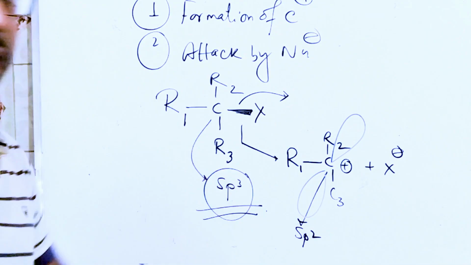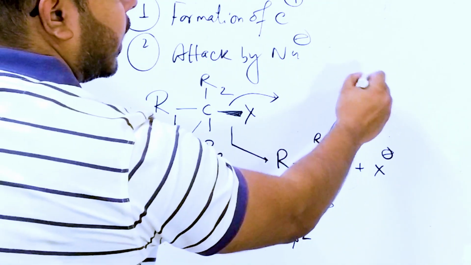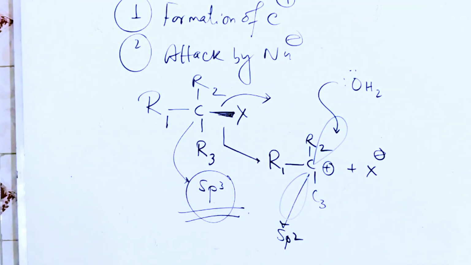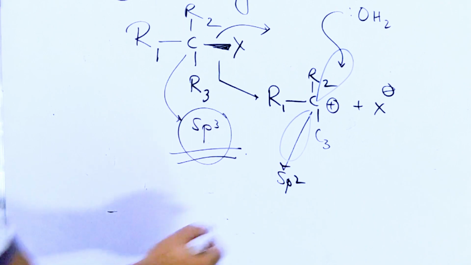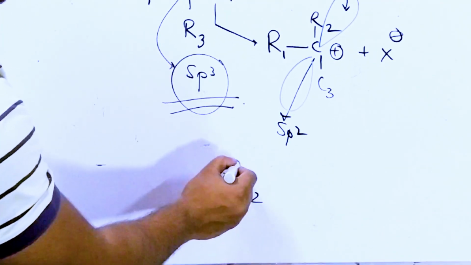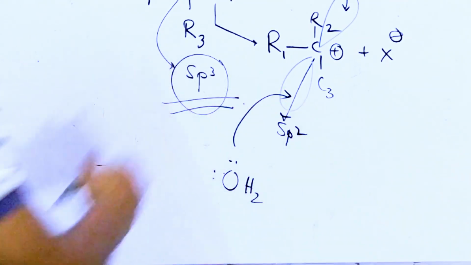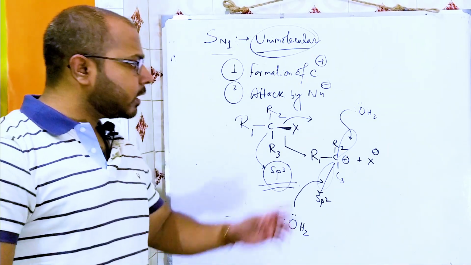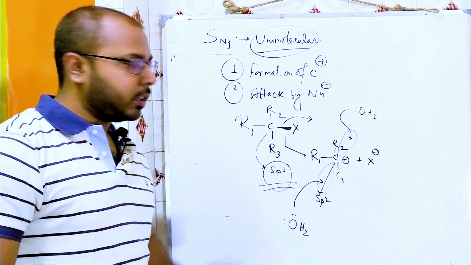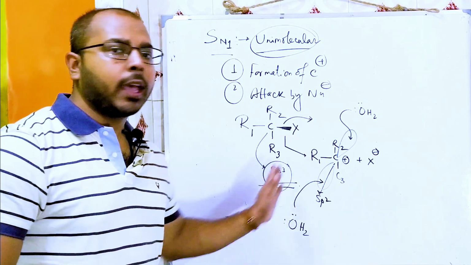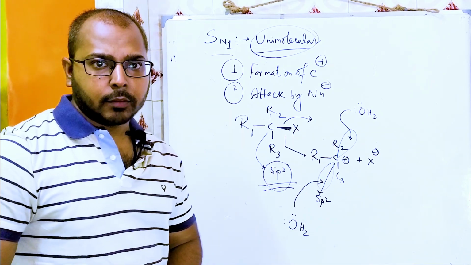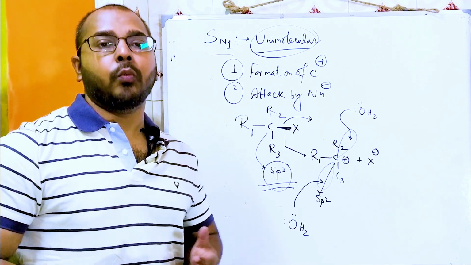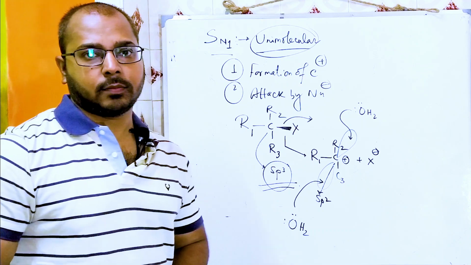So in this vacant orbital, H2O can attack. In this vacant orbital, H2O can attack from another side also, because H2O doesn't know where the X was.